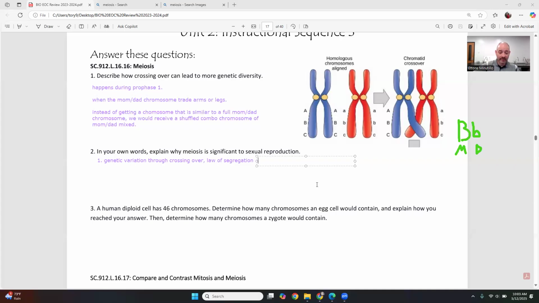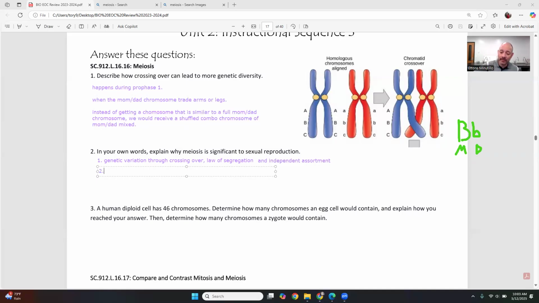Law of segregation and law of independent assortment. I can spell, guys, I promise. So genetic variation, very important.